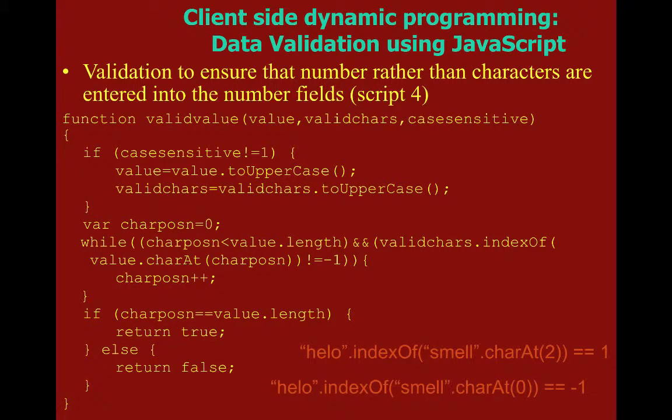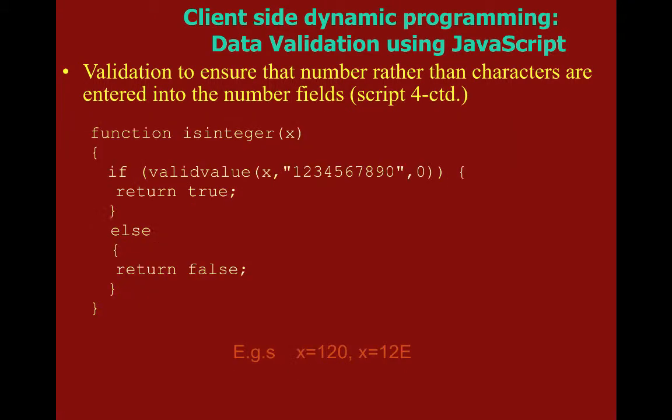The idea of this code is to take the value, which is, for instance, what the user has typed in, and compare each character that the user has typed in with the characters in this argument called validChars. And if it is valid, then each of the characters would be one of the characters in validChars.